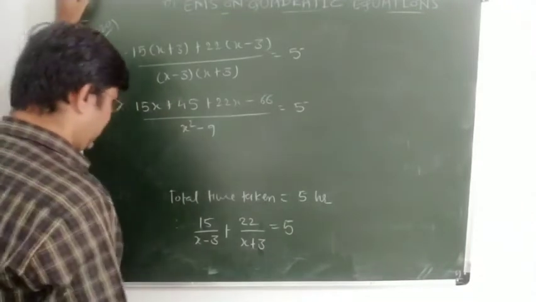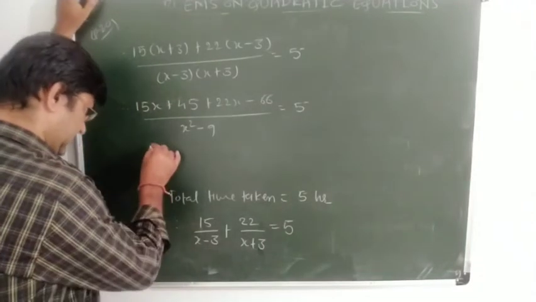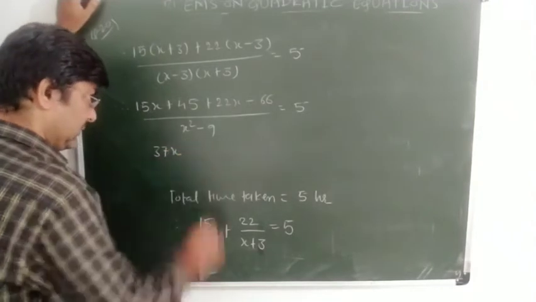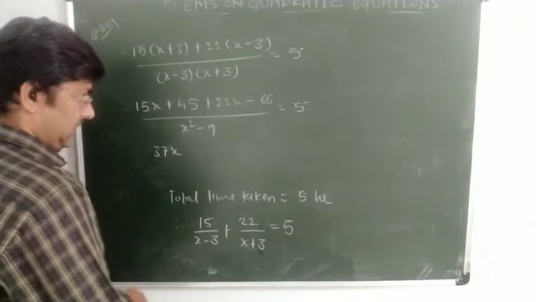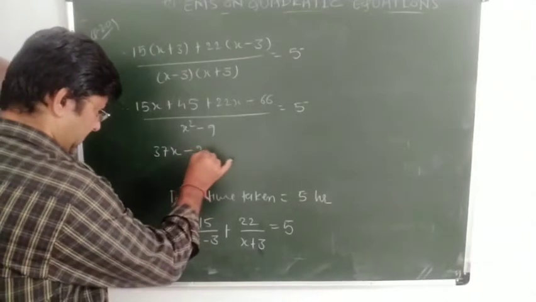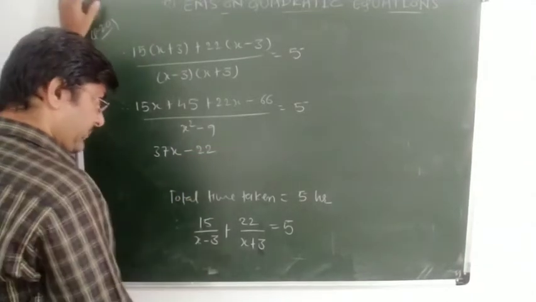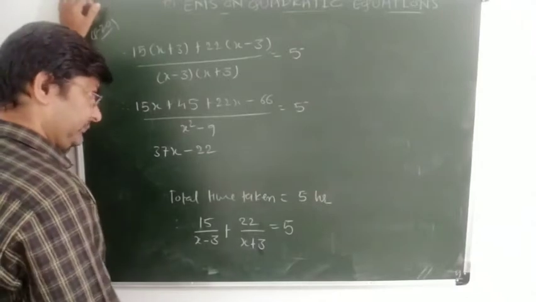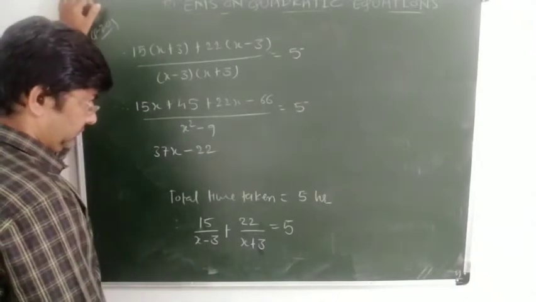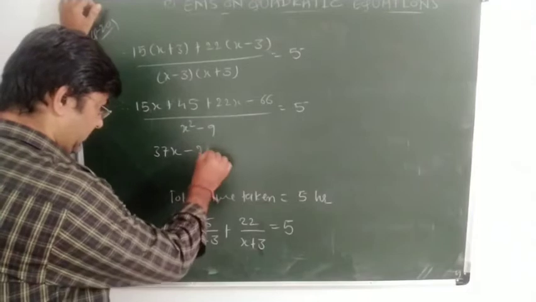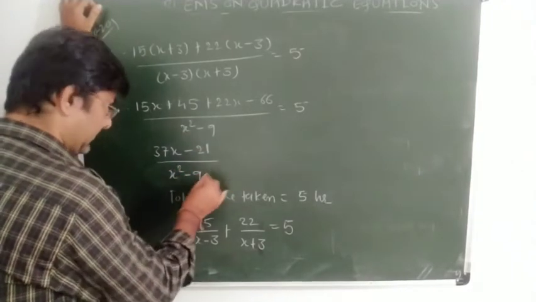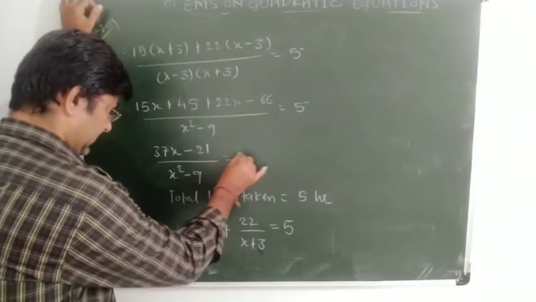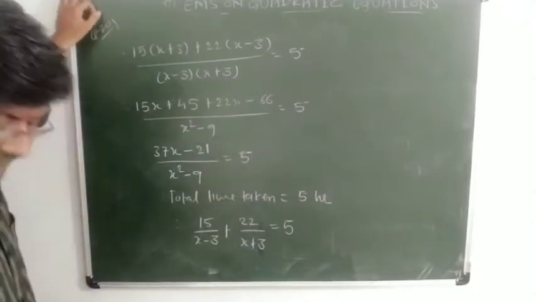15 plus 22 is 37x. Okay, 45 minus 66 is minus 21, so 37x minus 21 upon x square minus 9 is equal to 5.